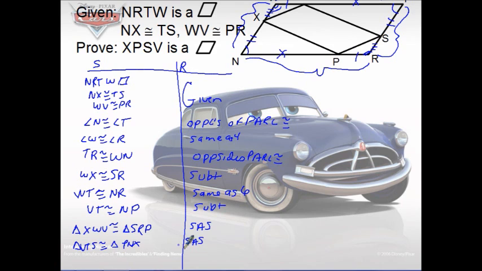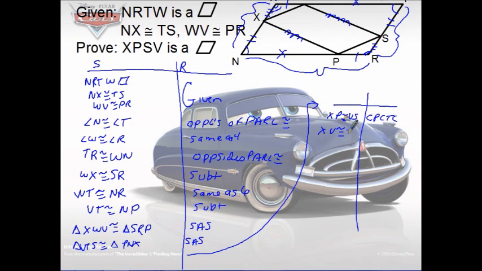Now, my CPCTCs. I'll take my proof up here. I'm going to have XP is congruent to VS by CPCTC. I'm also going to have that XV is congruent to PS by CPCTC.